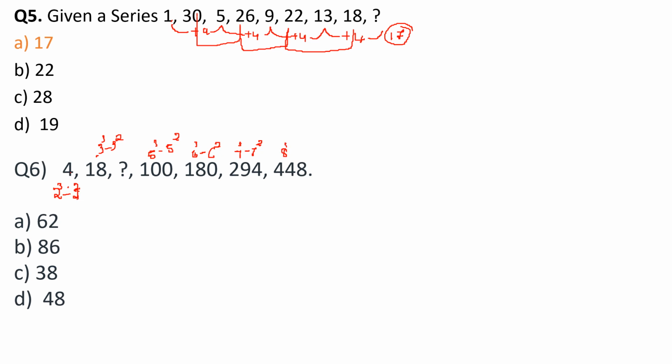And this is 8 cube minus 8 square, that is 512 minus 64. So as per that rule, the missing number should be 4 cube minus 4 square. So 4 cube is 4 into 4 into 4, 64, minus 4 square is 16. So 64 minus 16 is 48. So your answer is 48.